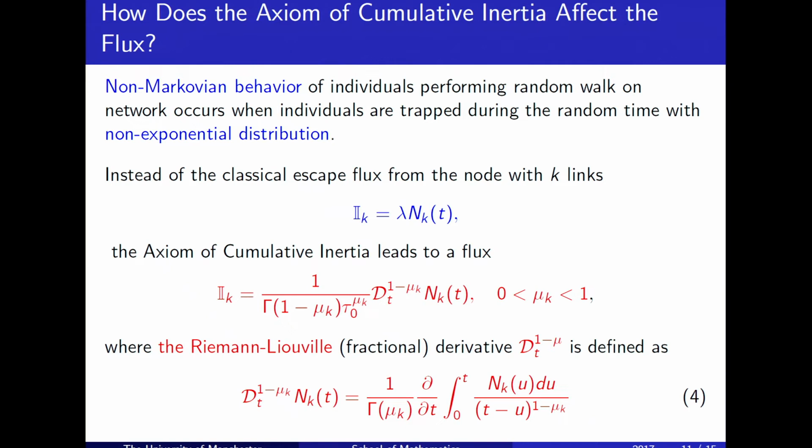Now, if we apply the axiom of cumulative inertia, instead of constant lambda, we have an operator, and that's the Riemann-Liouville fractional derivative. So this law of cumulative inertia leads to this fractional derivative. The fractional derivative is not just postulated from the very beginning. It's derived. And of course, this fractional derivative generates this phenomenon, anomalous aggregation at the node with this behavior corresponding to the axiom of cumulative inertia.